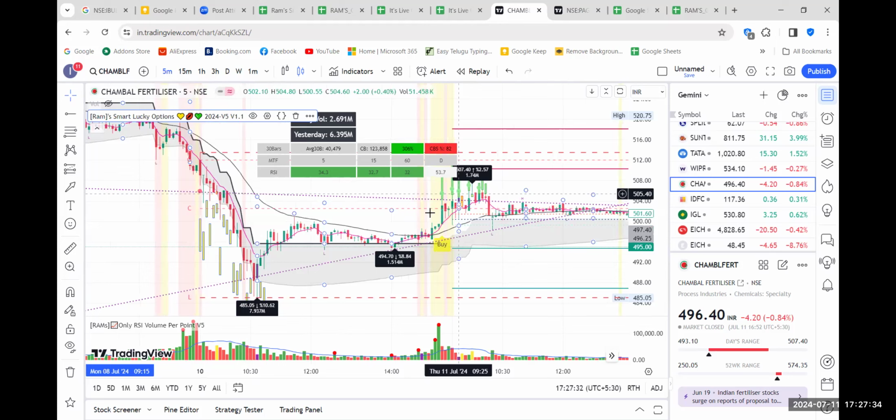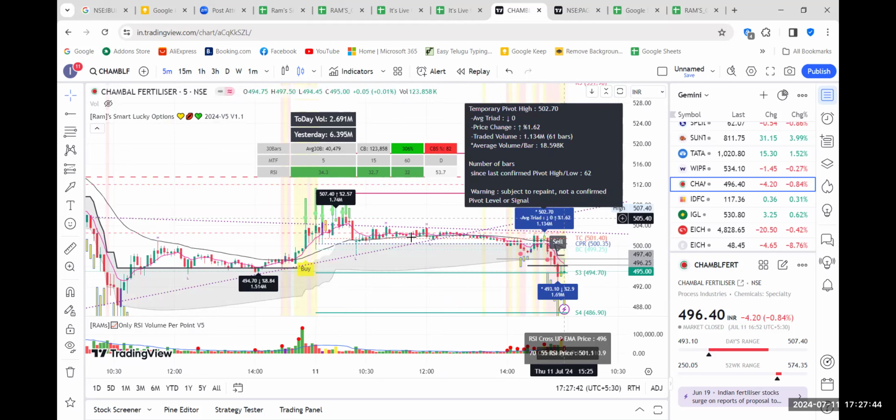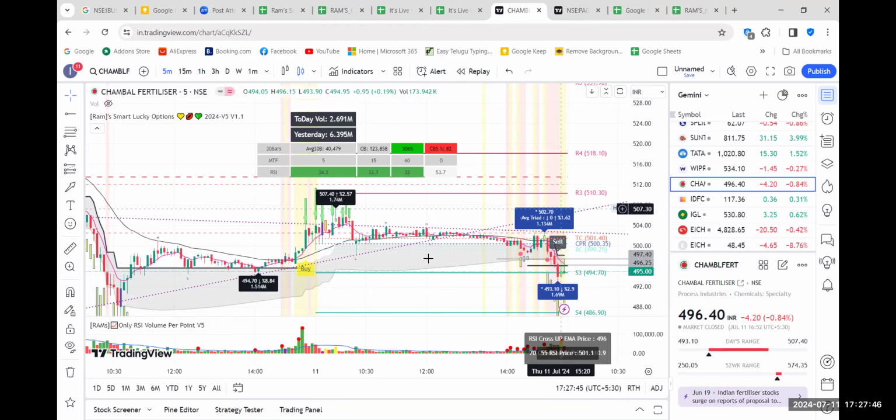So even after double the volume transacted and the price moved up and created the high pivot, why did the price fall or move sideways? The same kind of thing happened in NMDC also 2 days before.